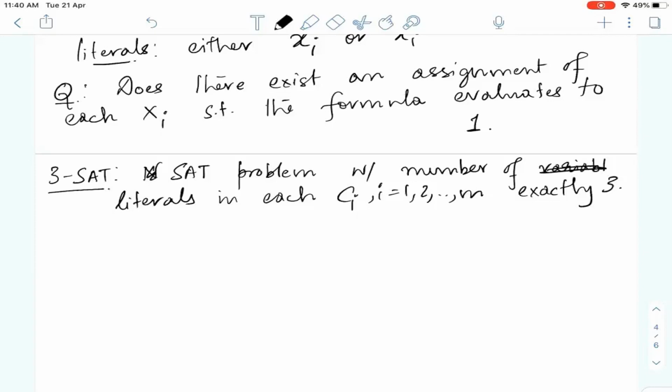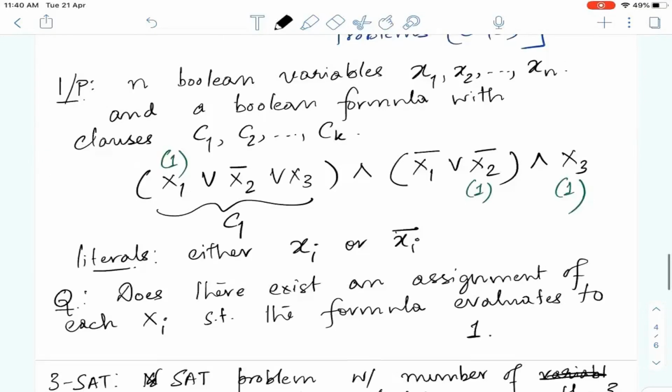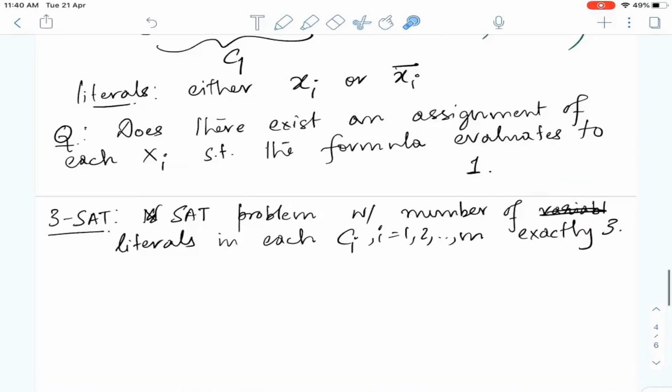So each of the clauses that I showed you above will have exactly 3 literals. The example which I showed above is not an example of 3-SAT, because some of them have 2 variables, some of them have 1 variable. If all these clauses have exactly 3 literals, then we say that this is a 3-SAT instance.